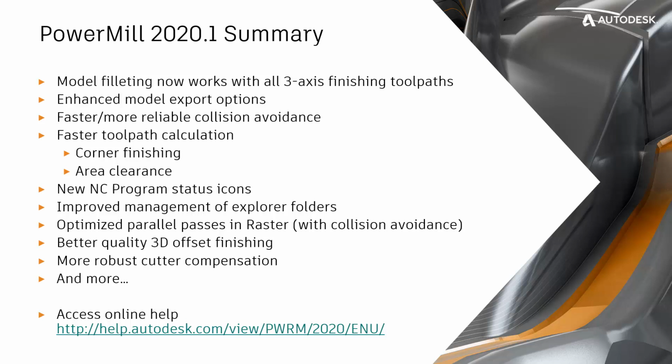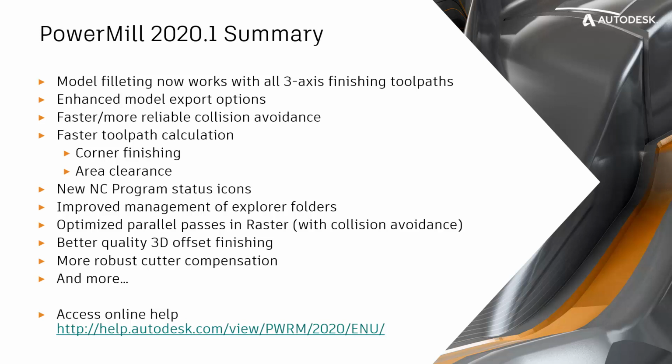So to summarize, Powermill 2020.1 includes a number of significantly new capability, so new functionality, such as enhanced model exports, faster, more reliable collision avoidance, faster toolpath calculation, but we've continued to focus on overall usability, speed, quality of Powermill by fixing a number of customer reported issues and just improving the usability and user experience of Powermill more broadly.